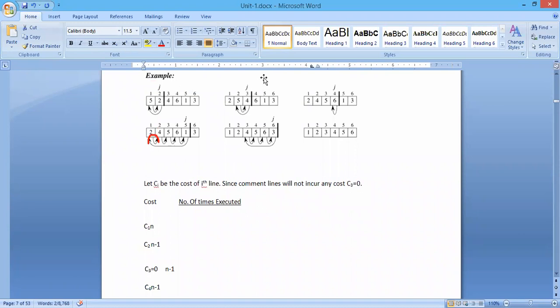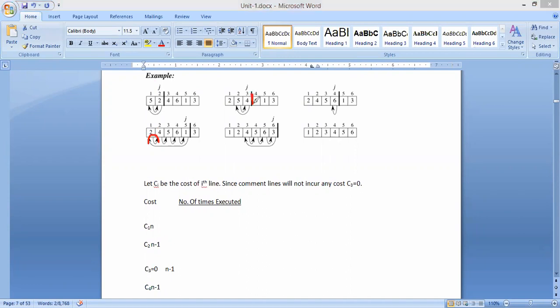Then there is no swap, so again we calculate.